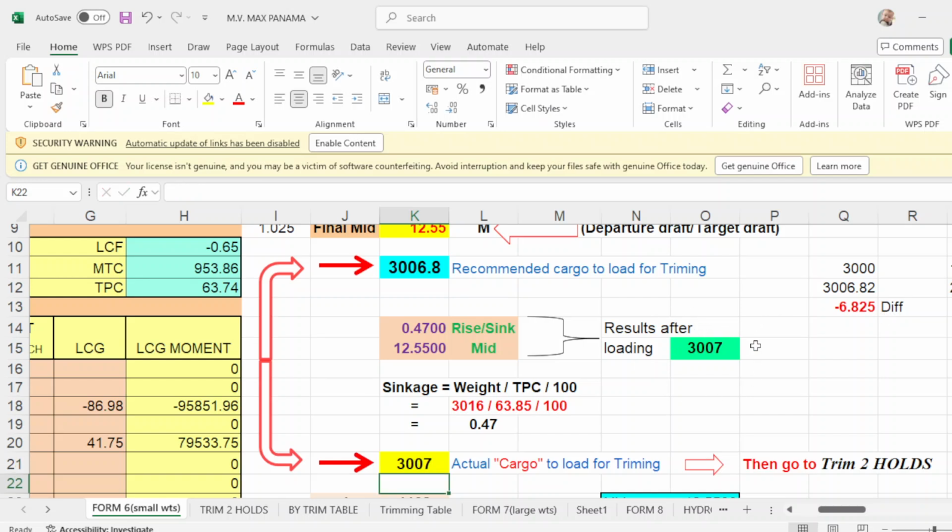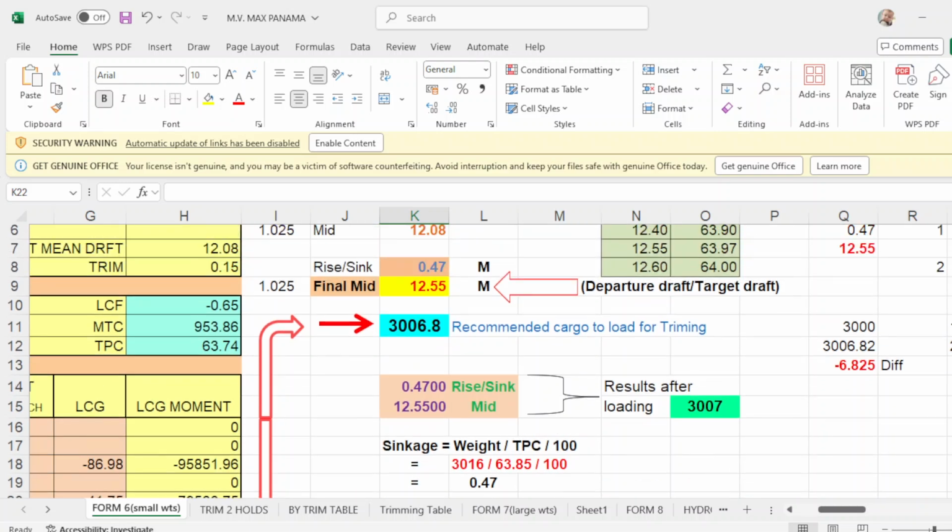Once you have loaded 3,007, what will be the result of your mid draft? It will be 12.55, which is exactly the same as here, and your sinkage is 0.47, which is also exactly the same.